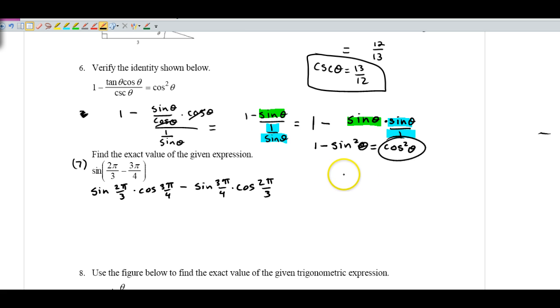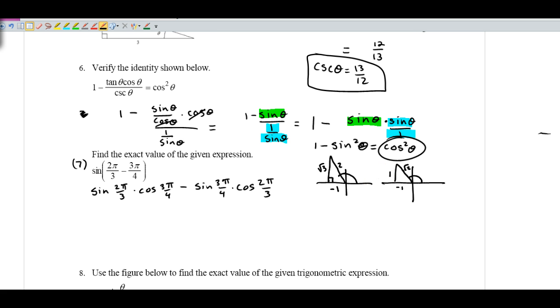The first reference triangle is 2 pi over 3, and that's this one here, and this is your pi over 3. So it's 1, negative 1, square root of 3, 2, and your next reference triangle is 3 pi over 4. So you're looking at a 1, 1, root 2 triangle, negative 1. Those are the 2 triangles that you use.